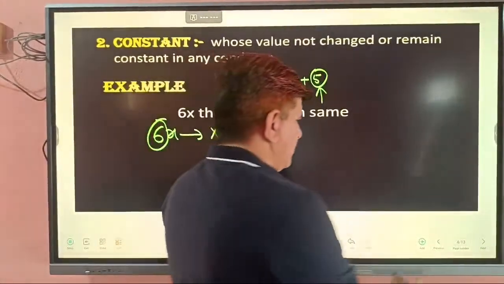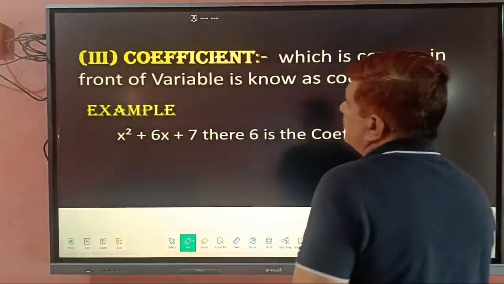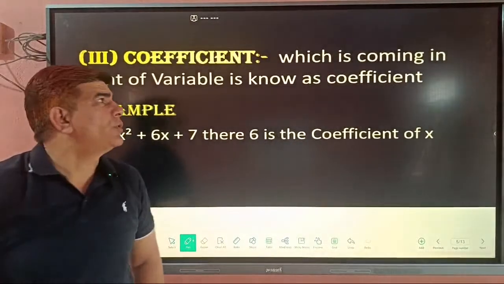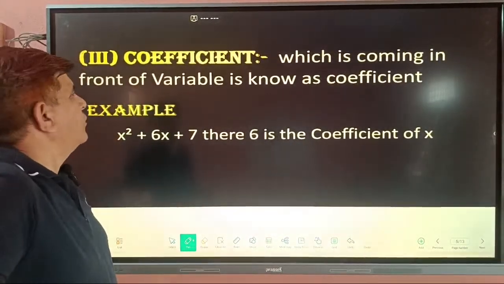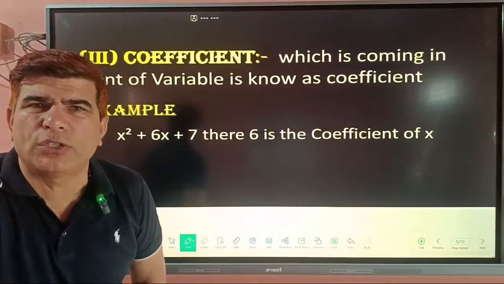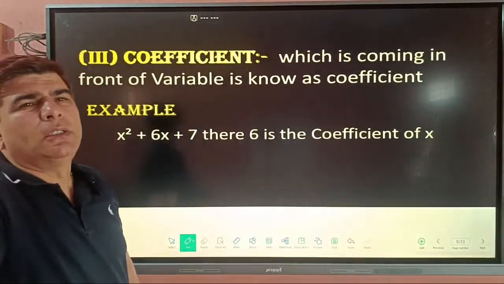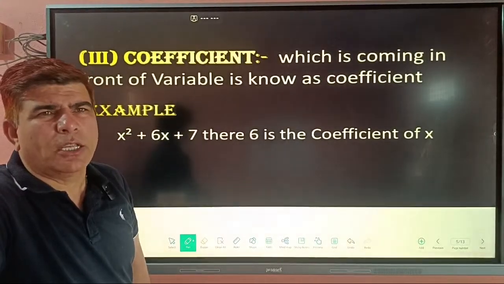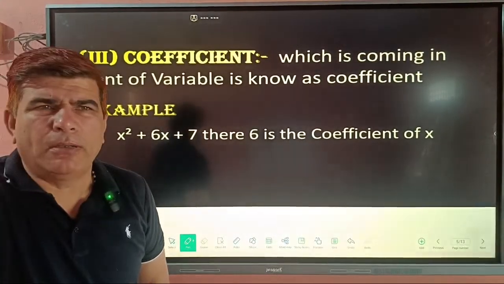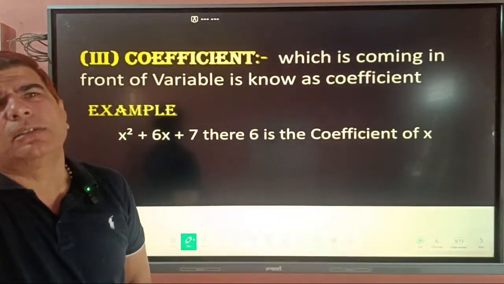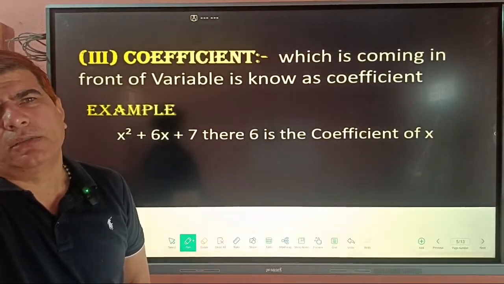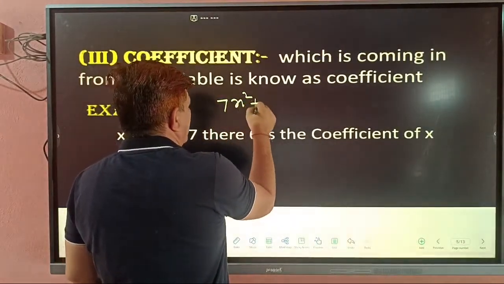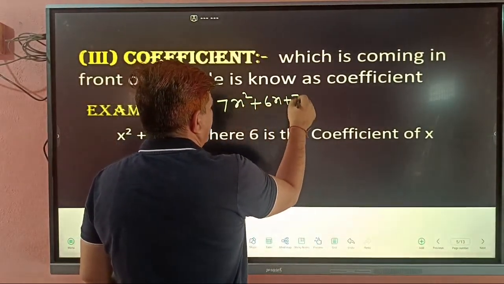And then the third one, what is that? Coefficient. What's a coefficient? The number coming in front of a variable is known as the coefficient of that variable. I have written 7x square plus 6x plus 7.